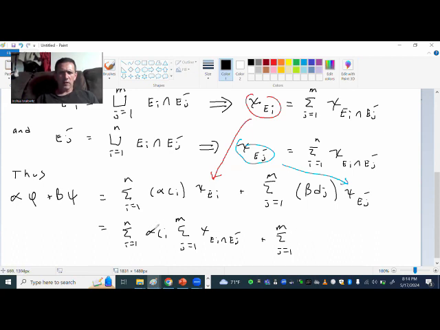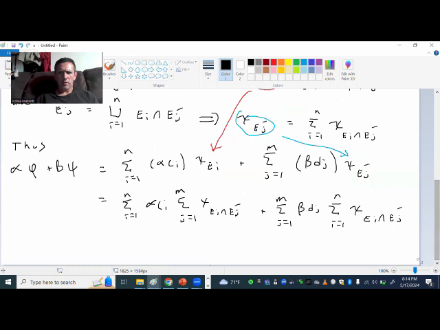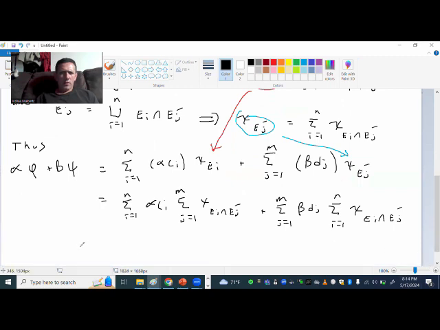So, sorry, this is alpha here. So beta d_j, E_i intersect E_j prime. All right, so I'm going to bring this inside here, bring this inside here, and it's a finite sum.